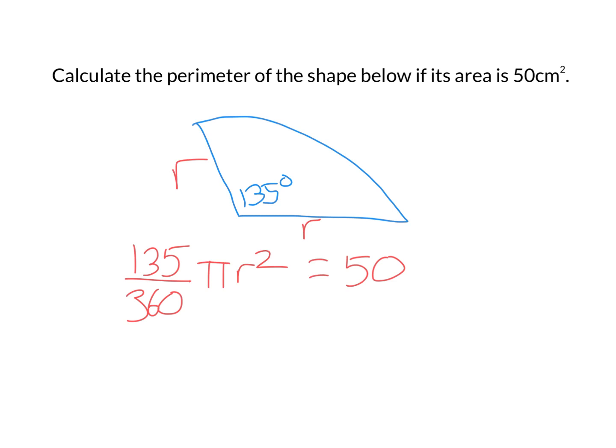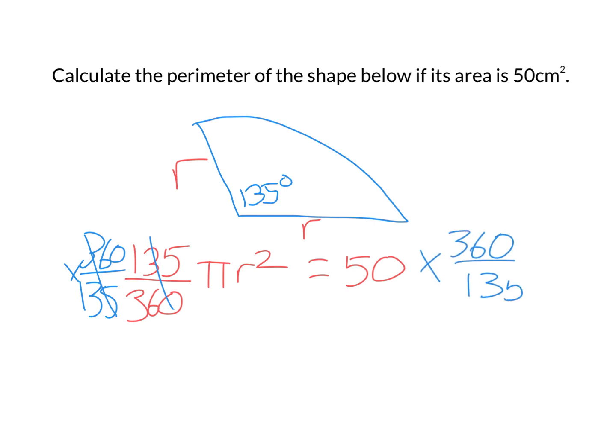So let's rearrange this. What we need to do to get rid of this fraction is times by the opposite. If we times this side by 360 over 135, they will cancel out. 360 over 135 times 135 over 360 equals 1. What you do to one side, though, you must do to the other.